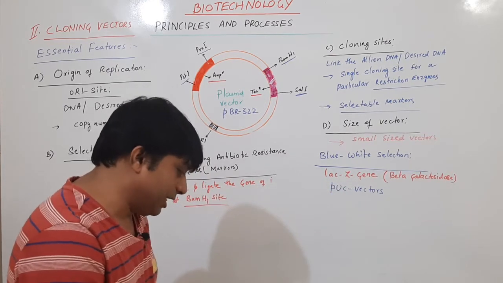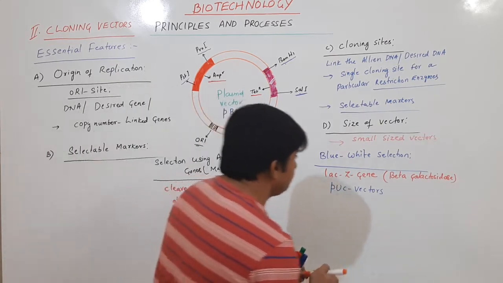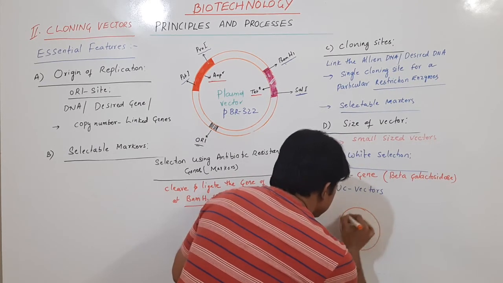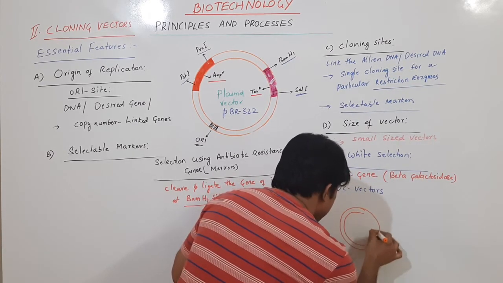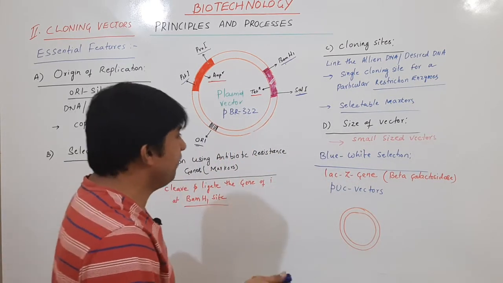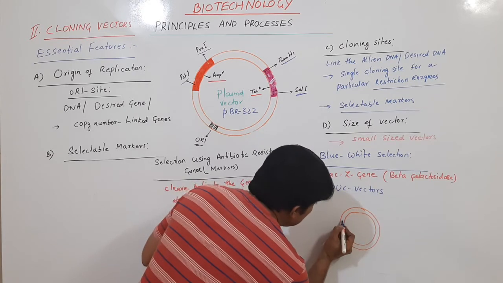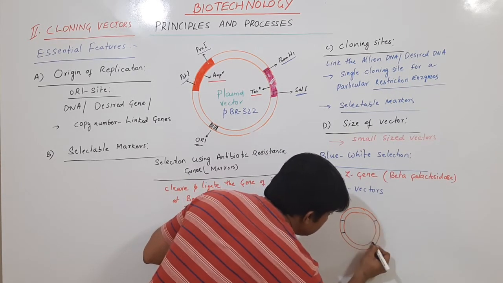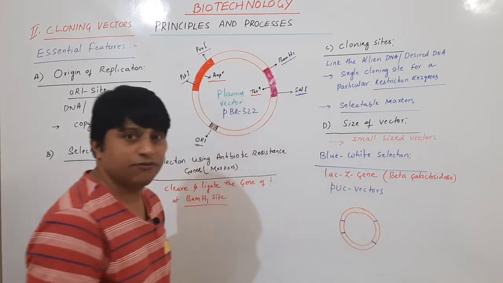So let us find out. This is your pUC vector. For these pUC vectors, we have two marker sites.